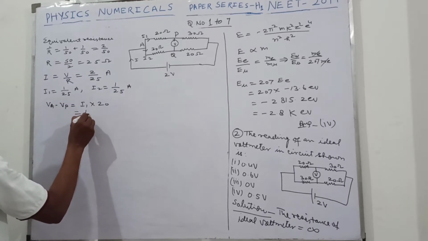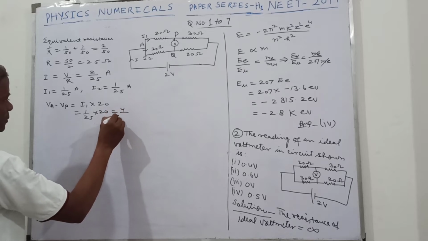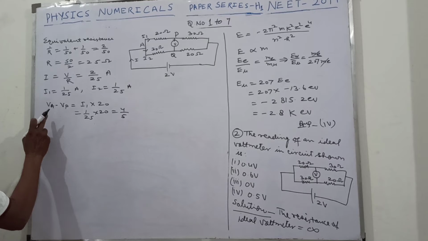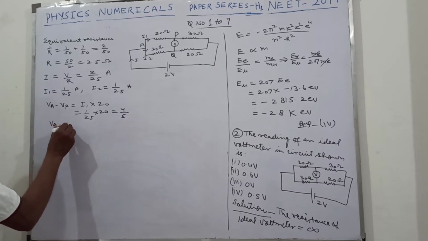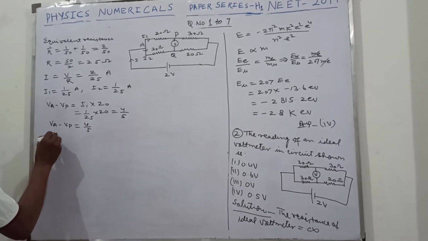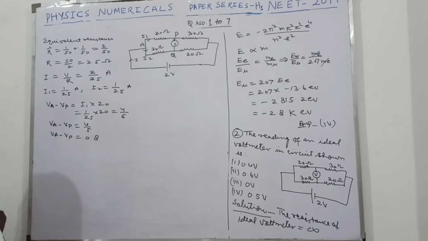I1 is 1 upon 25 into 20, so this is 4 upon 5. So VA minus VP is equal to 0.8. This is equation number 1.